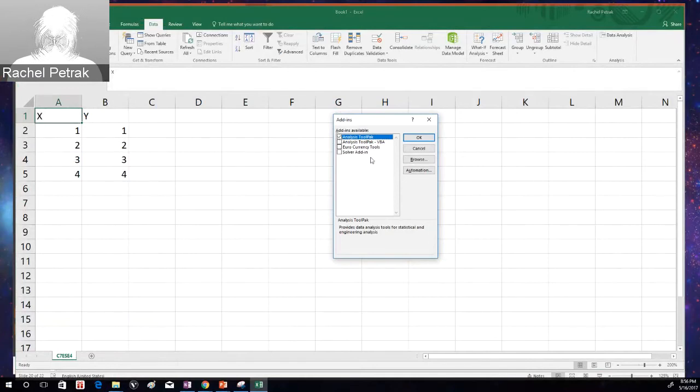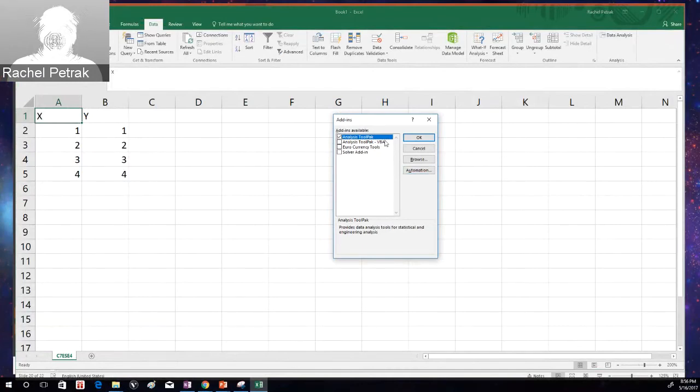You might be able to see it's already enabled in my Excel, but probably not in yours if you haven't used it before. And enabling the Analysis Tool Pack will make the Data Analysis tab show up, and that is the secret key to doing most of the statistical tests, I think all of the statistical tests we're going to cover. So you'll find it pretty useful, and it's really intuitive to navigate.